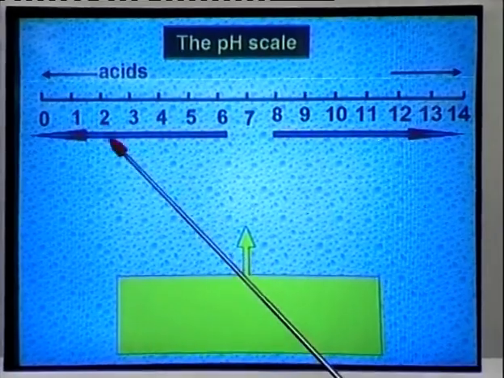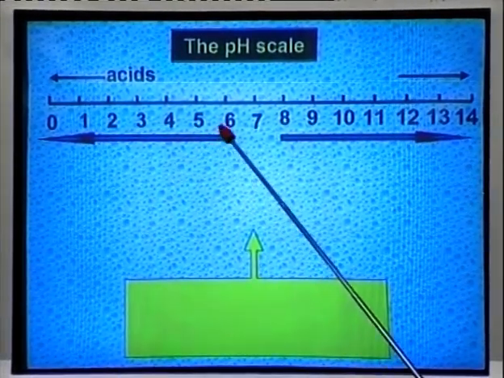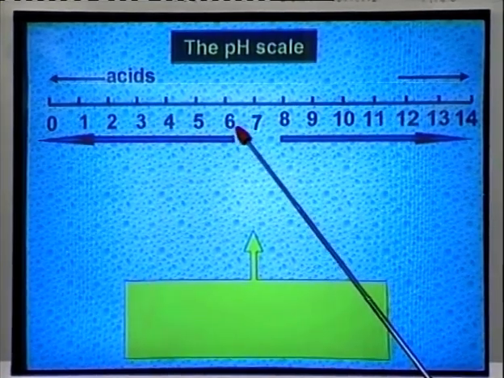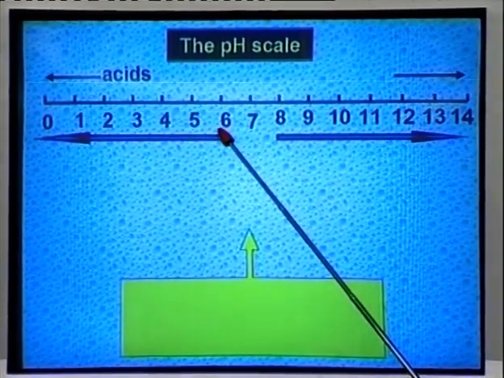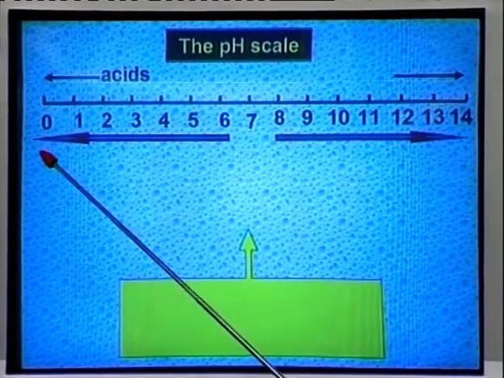This direction here shows acids. Acids have a pH from 6 to less than 7, which is from 6 down to 0.